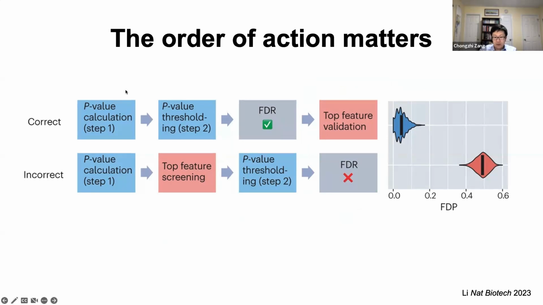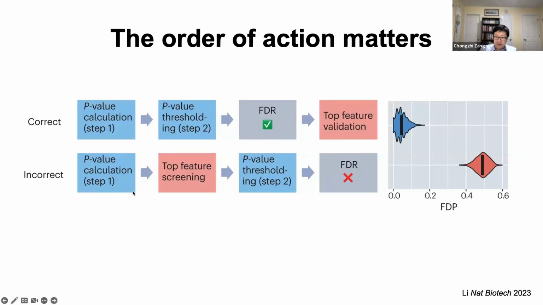When we do differential expression analysis, we usually calculate the p-value, then apply p-value thresholding, and after that we use the FDR or BH correction to select the top features, and this process is correct.